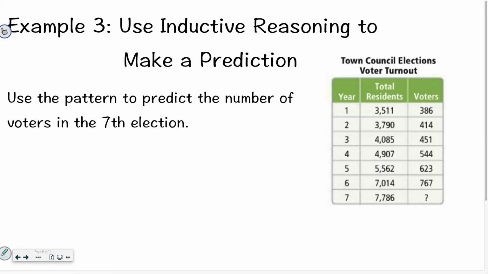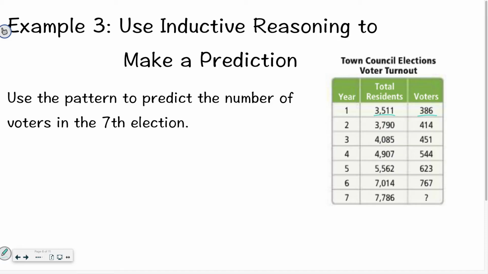And it goes through 1st, 2nd, 3rd, 4th, 5th, 6th, and then we want to figure out the 7th. So in order to figure that out, let's figure out what percentage of the voters this was.